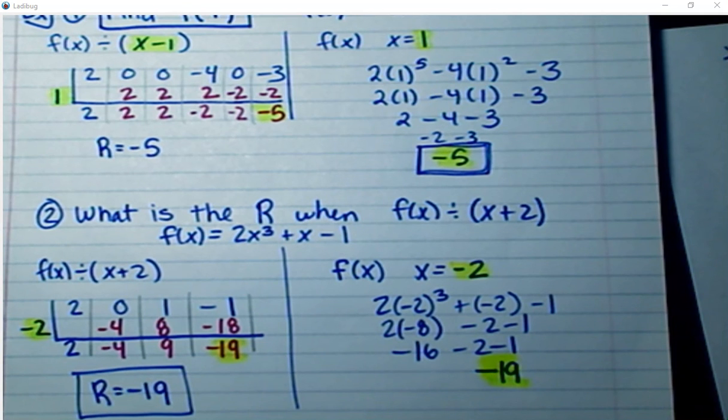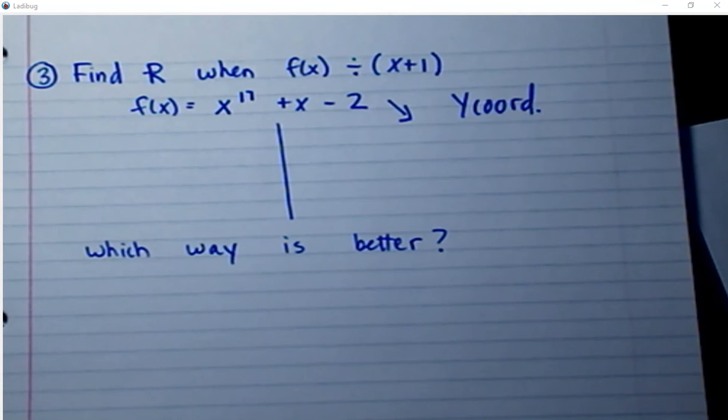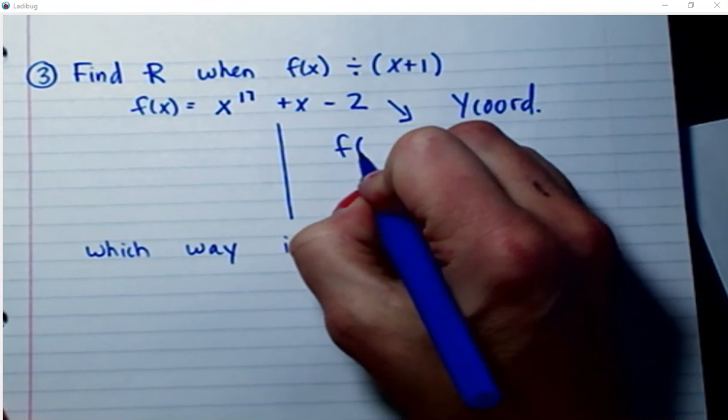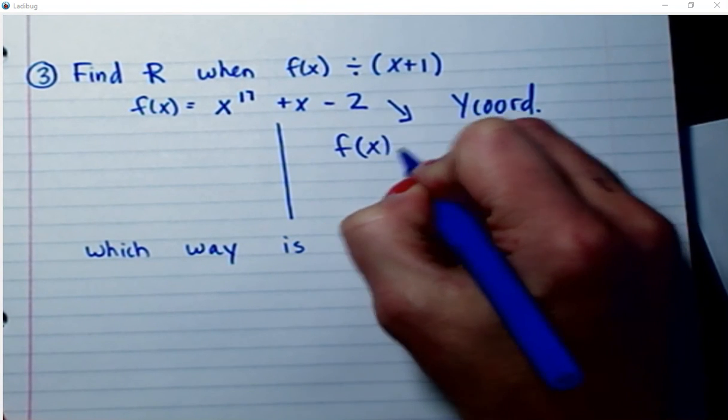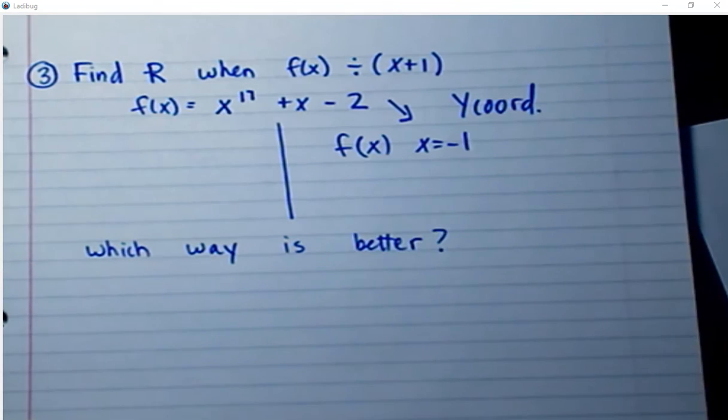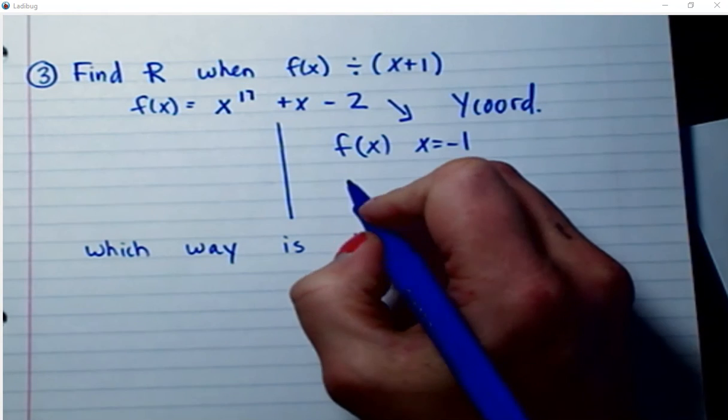Okay, so here's your cookie question. Don't share your answer because I need to know. I only have 6 cookies to give away. I would choose the y-coordinate way because I would have to plug in -1. Not +1, -1.